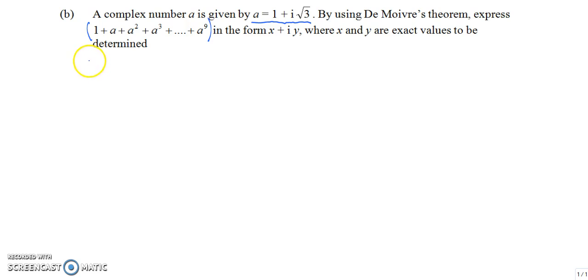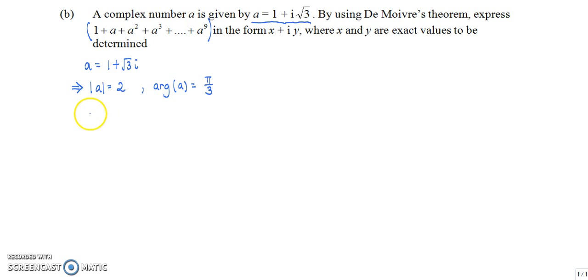So in order to apply it, we rely on our complex number a to find its modulus, in this case 2, and its argument, in this case pi over 3 or 60 degrees.